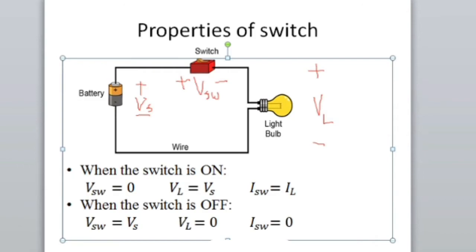Can you see the highlighted thing? Switch voltage is equal to Vs. Load voltage is equal to 0 and switch current or the load current is equal to 0.